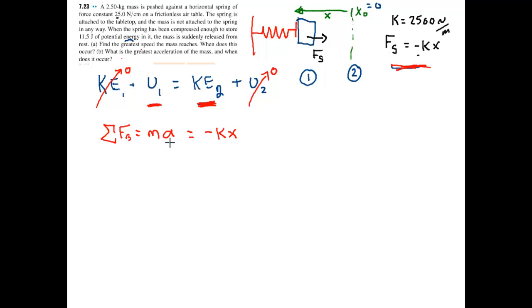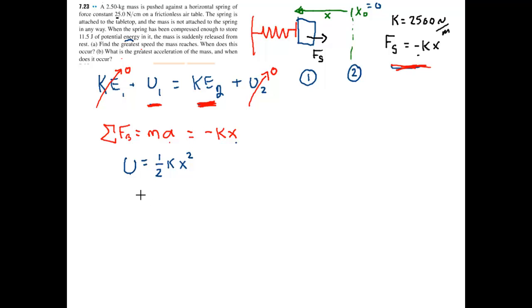In order to solve for this acceleration, I need to know how far x is. To do that, I know how much energy is in the spring. I know that it has 11.5 joules, and I also know a relationship between how far a spring has been compressed and how much potential energy it had.